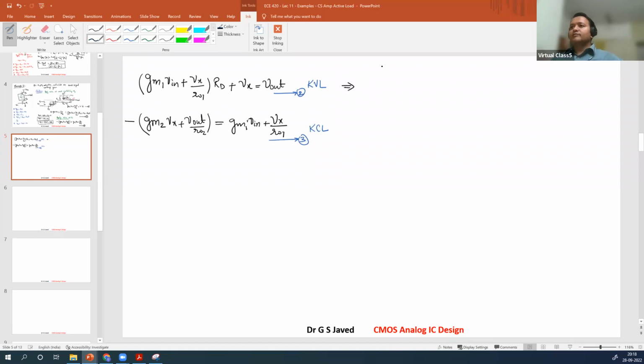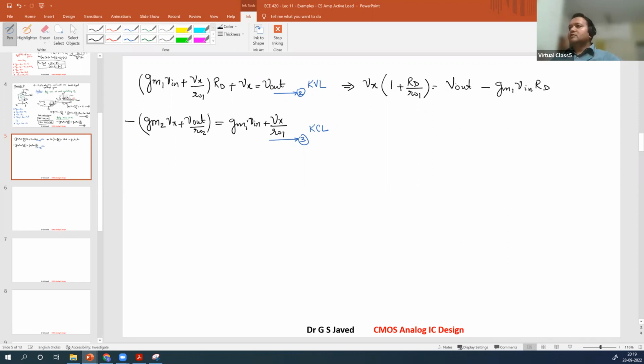This gives you Vx times (1 plus RD by RO1) is equal to V out minus gm1 V in RD, gm VGS into RD.